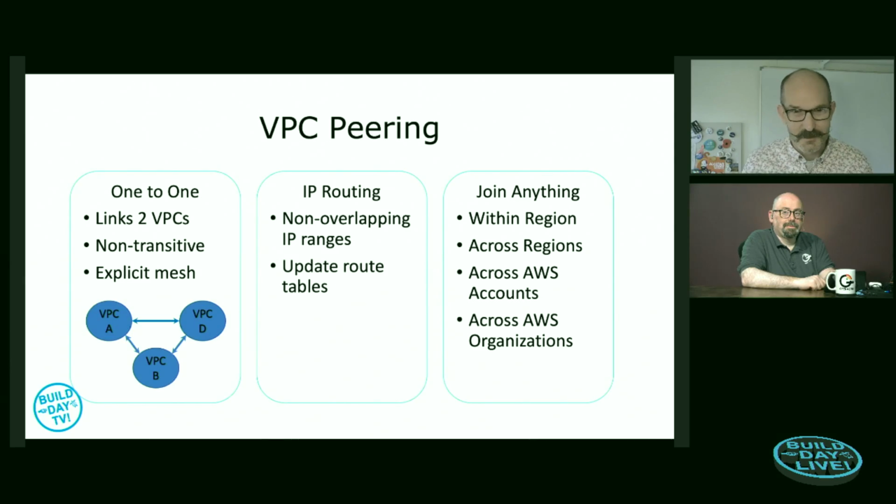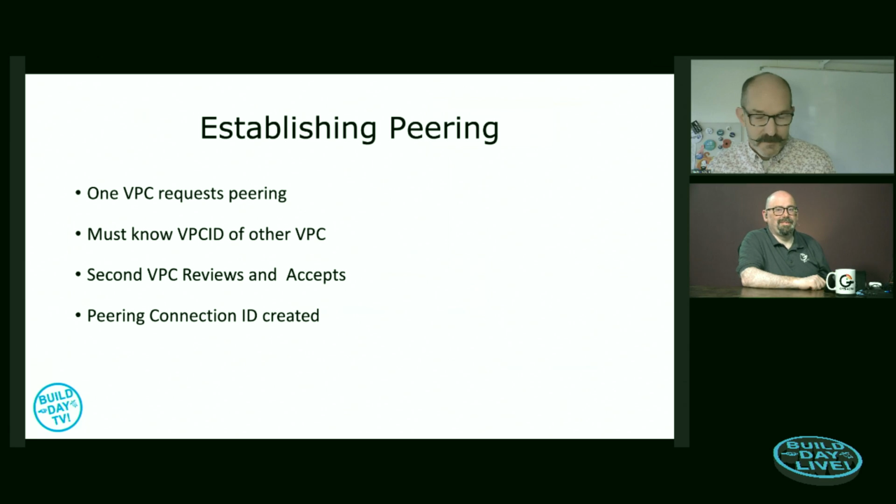Yeah, and because we have to do that explicit mesh, it's really easy to miss something by accident, particularly if you're doing this all manually in the console and making changes to route tables directly. This gets really messy as it gets large, and I'll call this out as we go along. But there's this thing called transit gateway, and we'll talk about transit gateway in another episode because it helps us when things escalate. But it's important to start with peering.